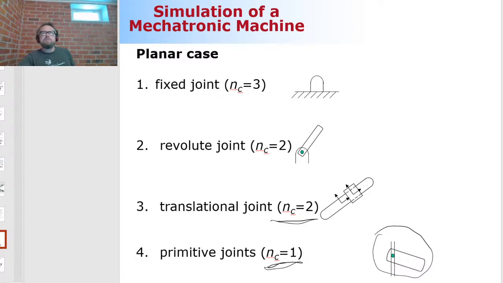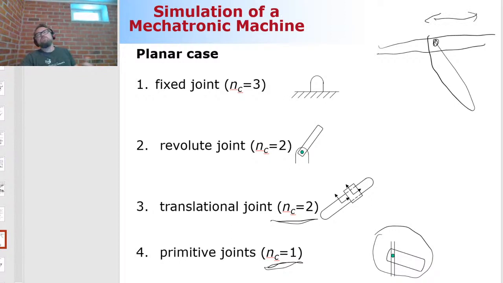A prismatic joint is something like a slot, and in this slot there's a pendulum. So the pendulum can move left and right, and it can rotate. Those are the two remaining degrees of freedom. The only motion that is limited in the case of a prismatic joint is motion along the global y direction. That's not allowed.